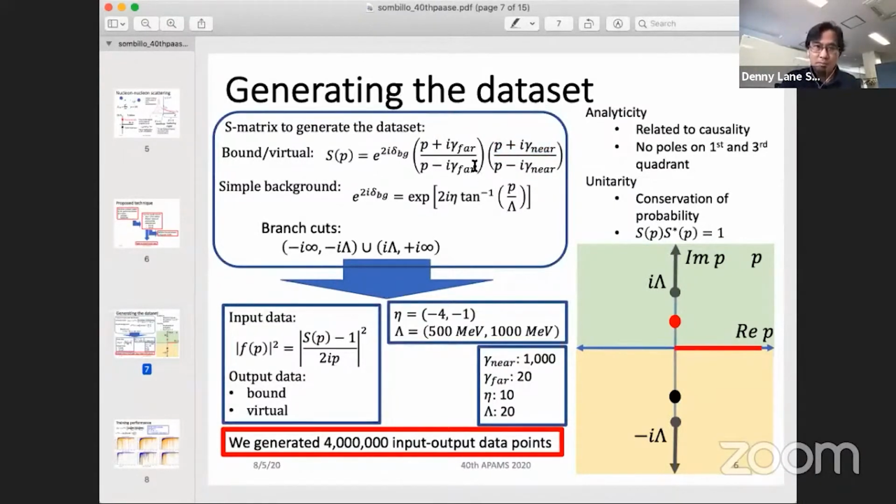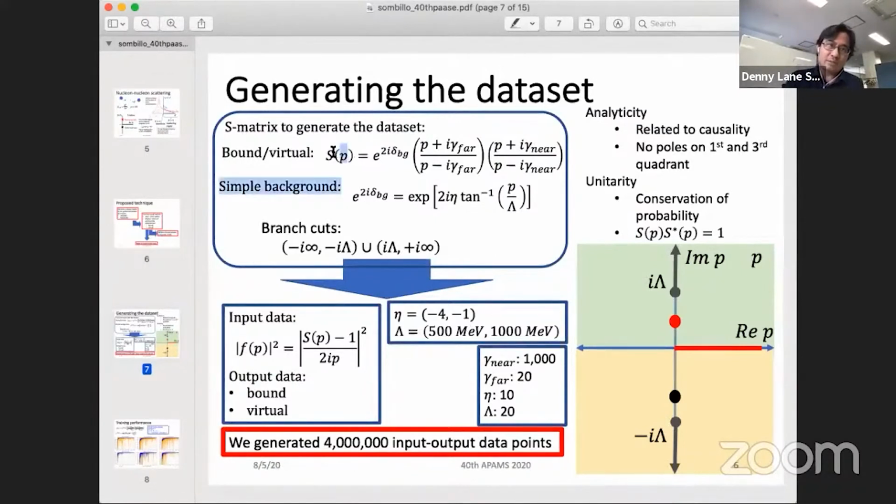I also put some singularity background here represented by a pole, but this pole is only confined to the negative imaginary axis of the momentum plane. And then finally, I put some background here, which is supposed to be analytic, so I'll be using the inverse tangent function. Of course, this inverse tangent function upon analytic continuation will develop two branch cuts on these two strips of the complex momentum plane.